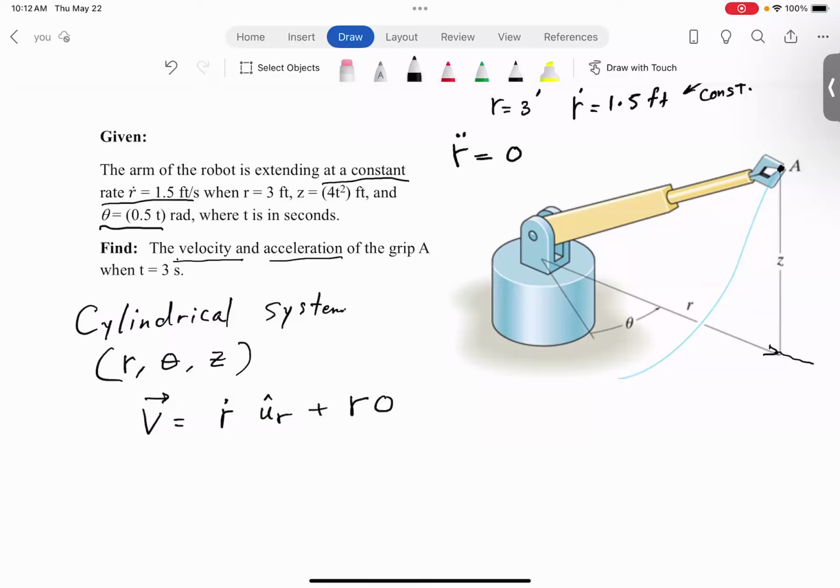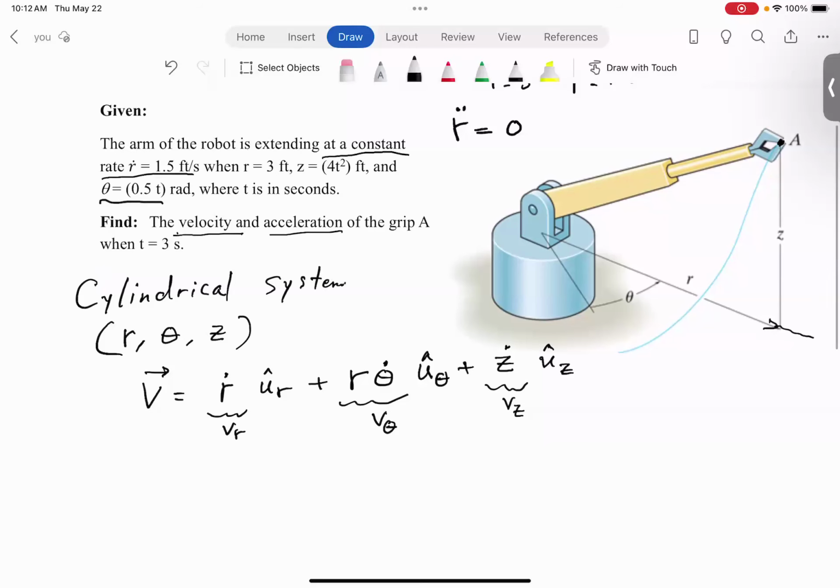The transverse component is r theta dot u sub theta. And then finally, the third component is z dot u sub z, or you can call it k if you like, because that's actually the z-axis in a way. So this is the radial component, this is the transverse component, and this is the z component.